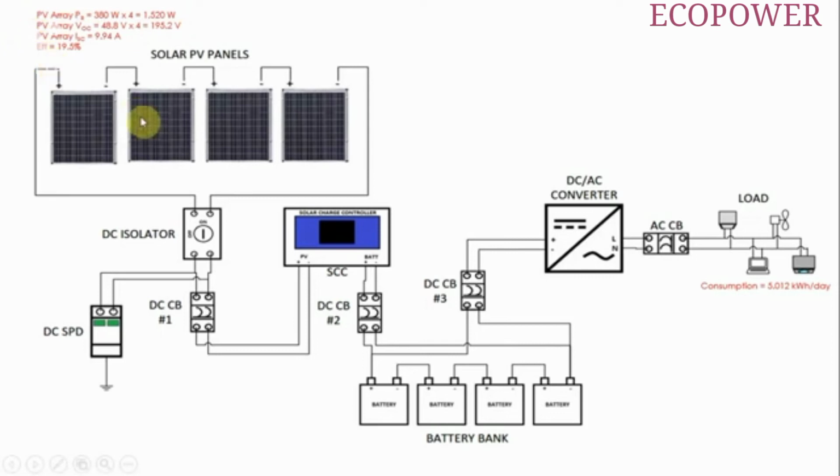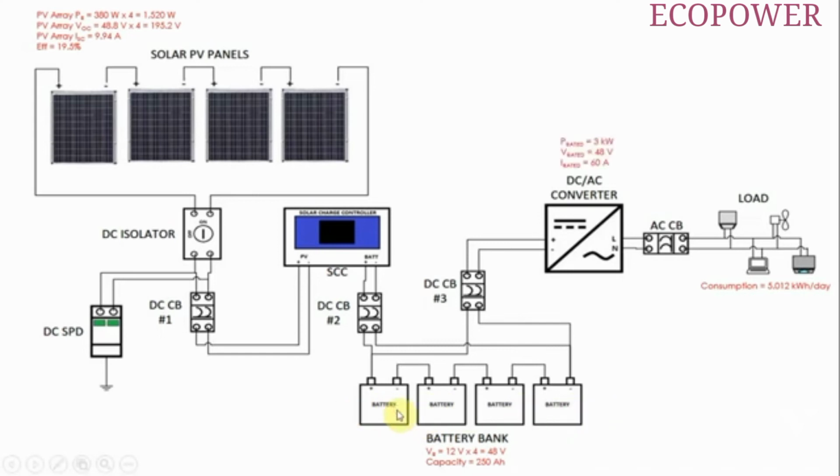In step 3, based on the daily power consumption and a battery with a voltage rating of 12 volts and a storage capacity of 250 ampere hour, we calculated that we need 4 of these batteries connected in series and only 1 string.